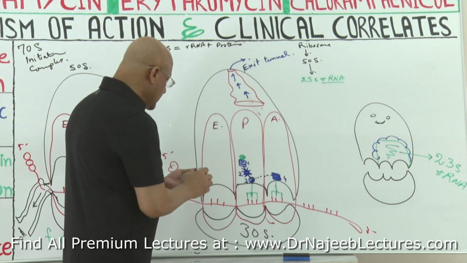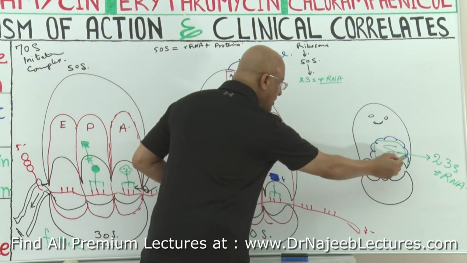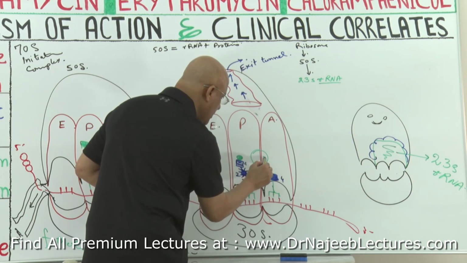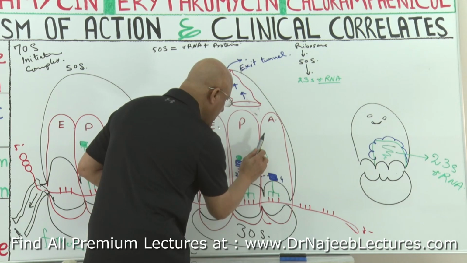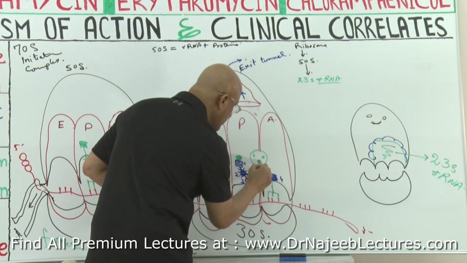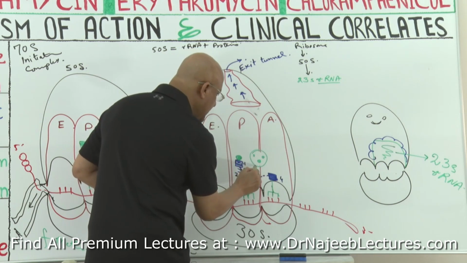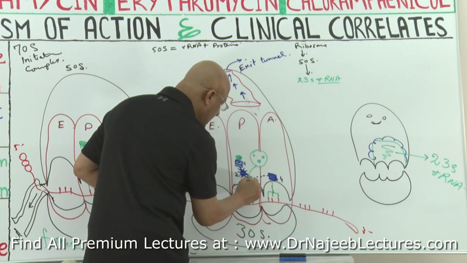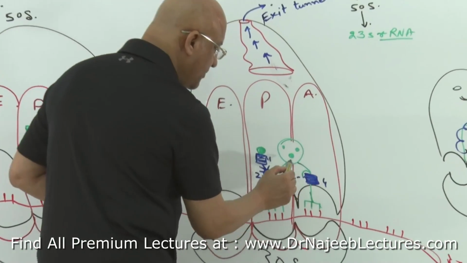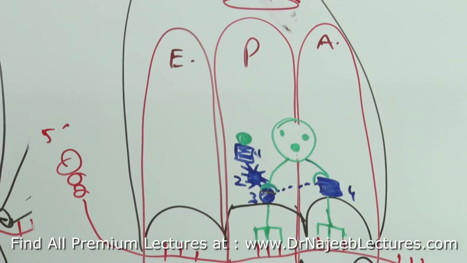I will make it like this. This is what? The 23S ribosome. And it has one hand here and one hand here. And what is it doing?